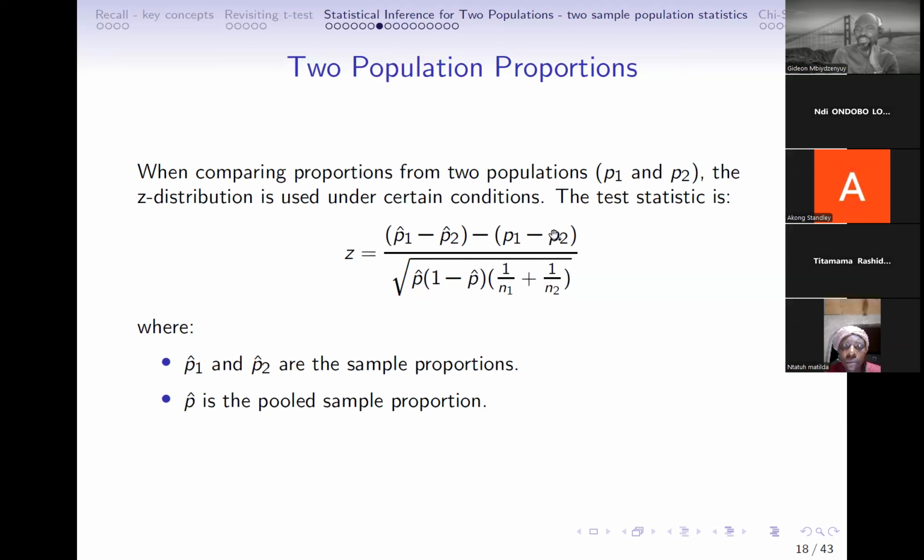So unlike the mean, where we had the mean difference between the samples and the mean difference between the populations, here we have the proportions between the samples and the proportions between the populations. That shouldn't confuse us. So how close is the difference in samples to the difference in populations? That's what we have here.